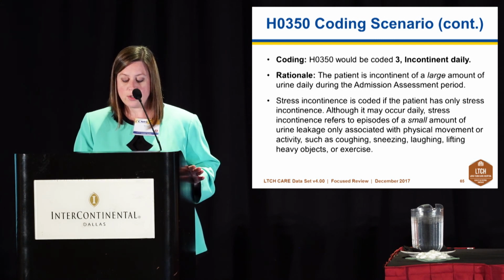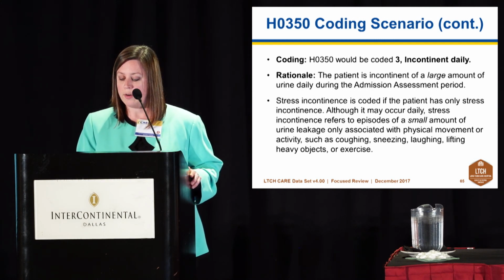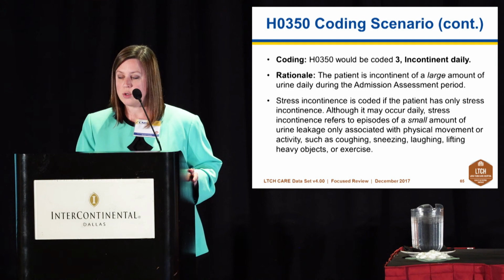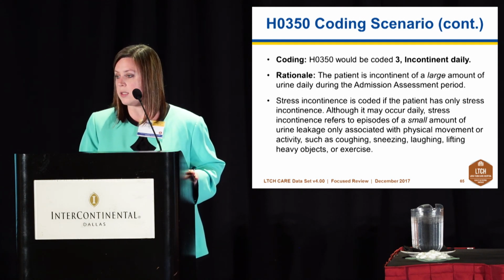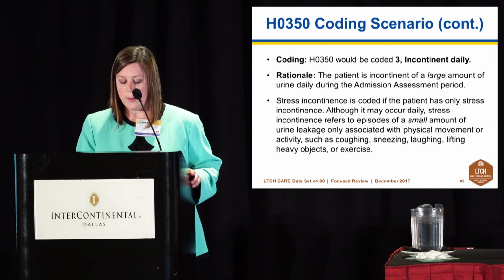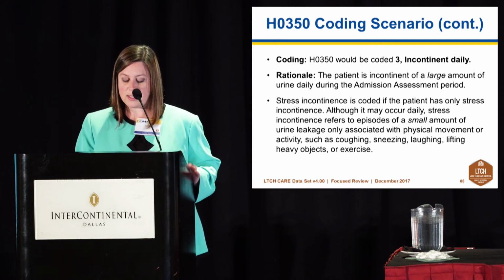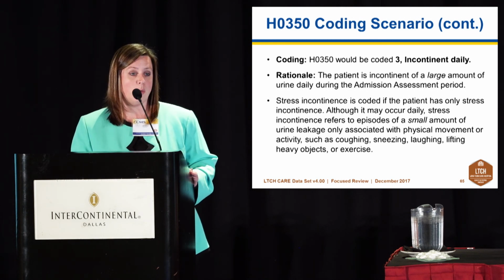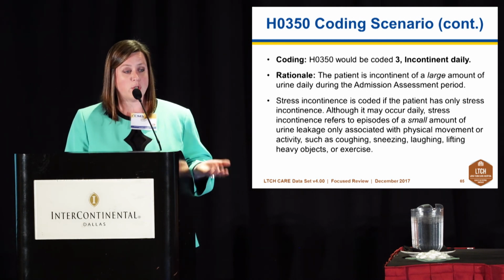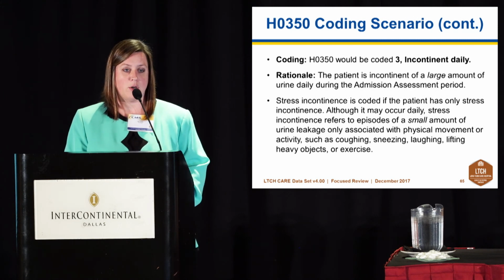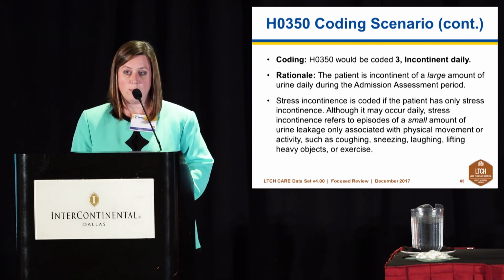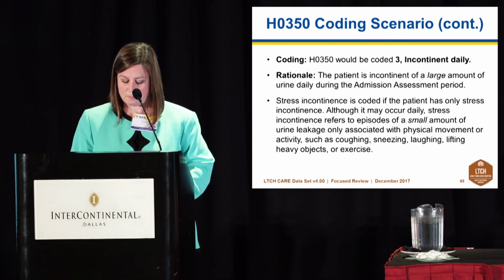Although she does have the history of stress incontinence, this is categorized by the small amounts, and it must be associated with a physical movement or activity and exercise. So in Mrs. B's case, because it's large and it's not related to one of those activities, although she has the diagnosis, it would not be considered stress incontinence and would rather be considered incontinent daily.